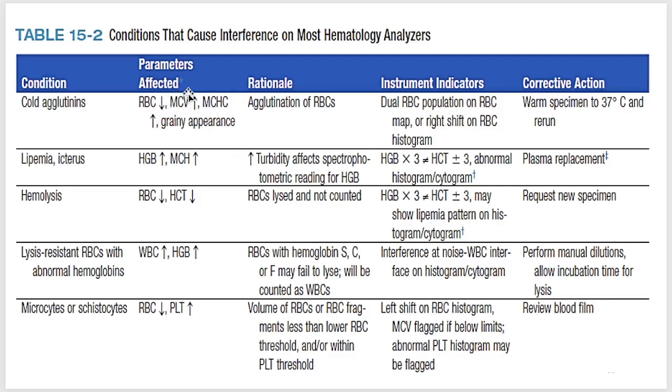So, how can we correct this problem? We just simply warm the specimen. Since it's a cold agglutinin, you just have to warm your specimen at 37 degrees Celsius, and you rerun the test. So what are the instrument indicators na nakikita natin? Of course, nakikita natin there is a dual RBC population on your RBC map, or right shift on your RBC histogram. Pag right shift, ano yung right shift?